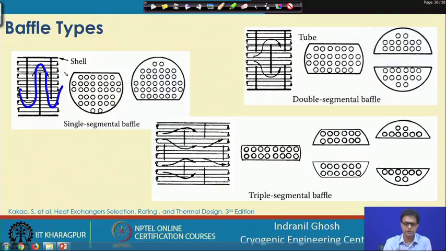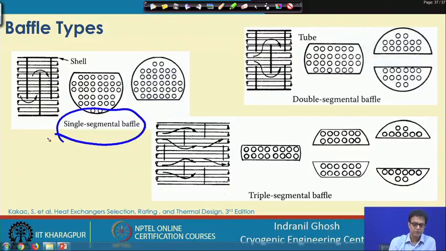As I was saying, there are different types of baffles possible. We have the single segment baffle. It is only one segment, then we have the other segment.